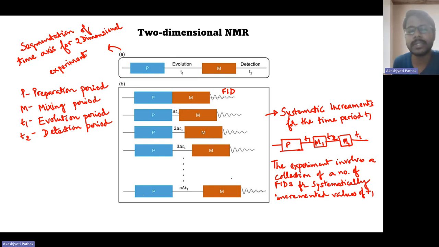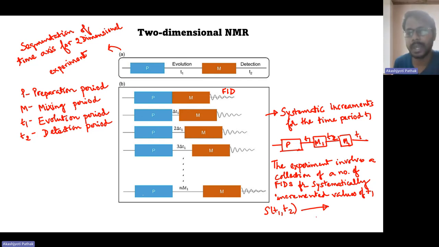And what will you get in the final data set? You will get a matrix having T1 values and T2 values. Once you do the Fourier transform with respect to T2, it will result in one-dimensional spectra in which the amplitude and phases of the signal depend upon the values of T1.